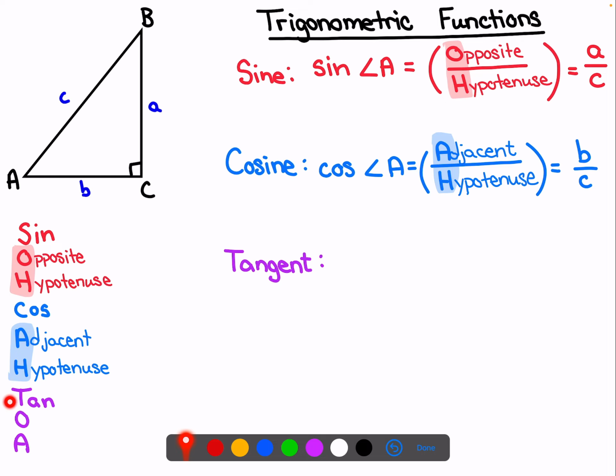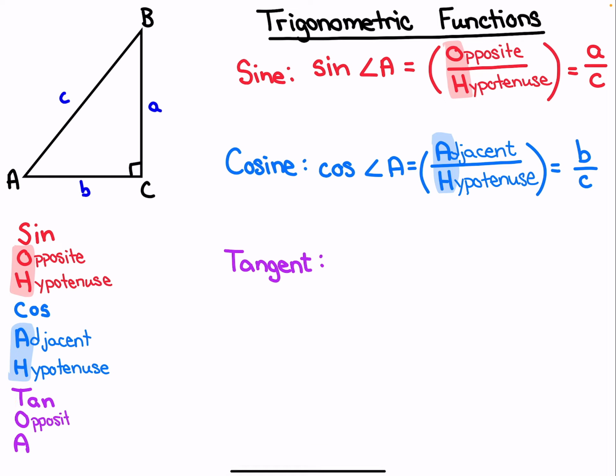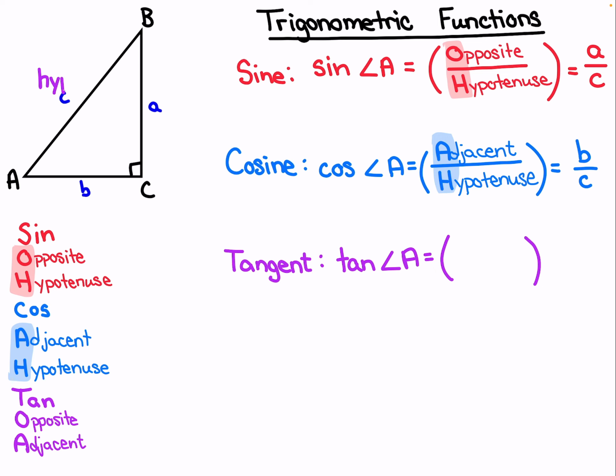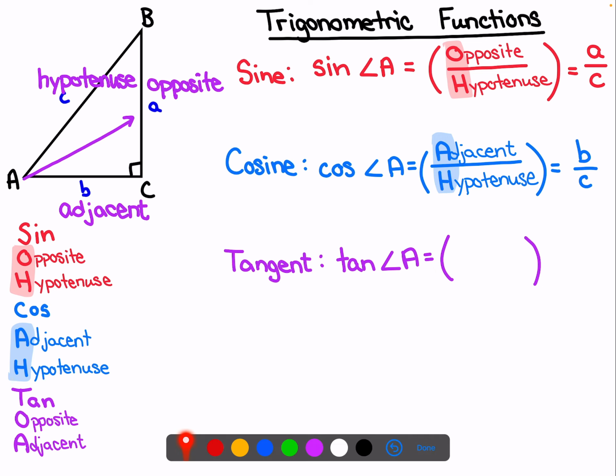Lastly, we got Toa. Tangent is equal to opposite over adjacent. Again, if we look at angle A, we can label our sides. They're all the same ones once again. A is opposite, C is the hypotenuse, and B is adjacent. Again, the hypotenuse will always be opposite the 90-degree angle.